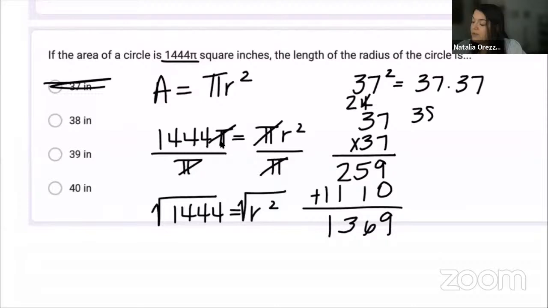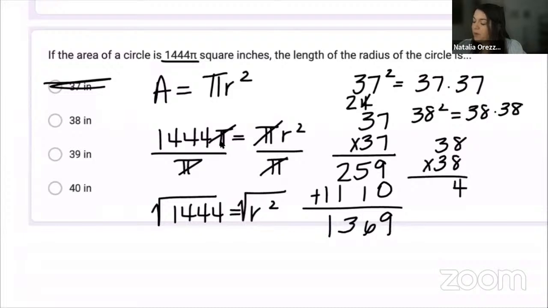Let's try 38 squared, which is just 38 times 38. I'm going to do that down here. 8 times 8 is 64, carry the 6. 8 times 3 is 24, plus 6 is 30. Placeholder 0. 3 times 8 is 24, carry the 2. 3 times 3 is 9, plus 2 is 11.